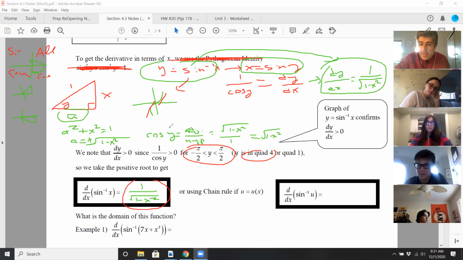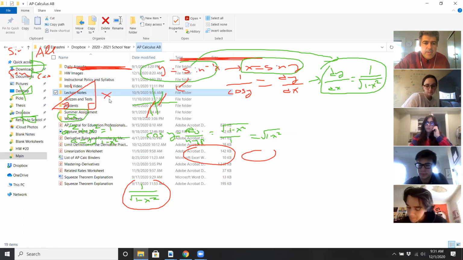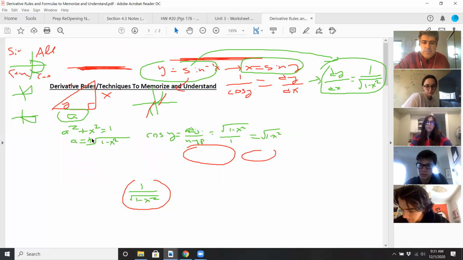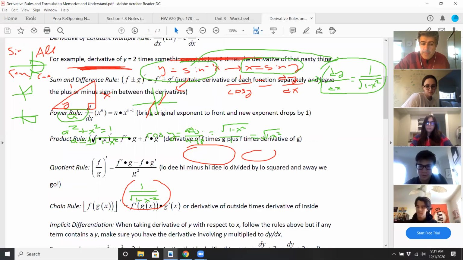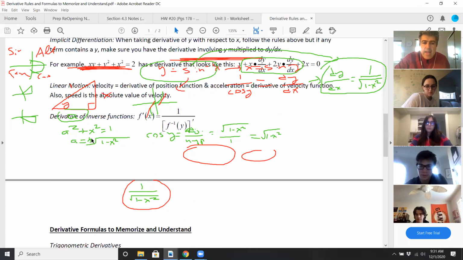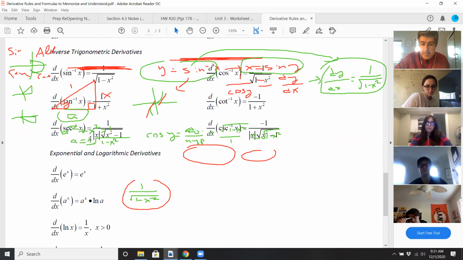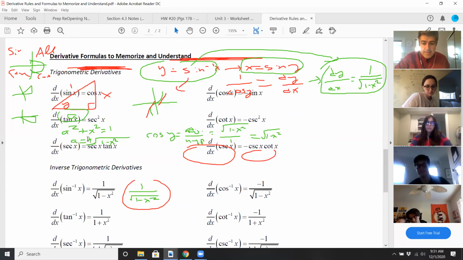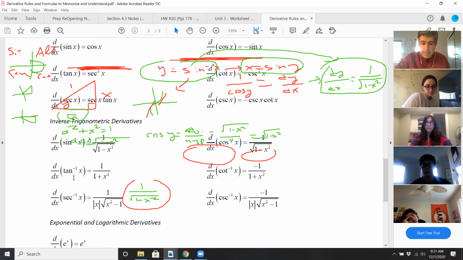Now, there's a chain rule that you can do with this too. Before I get into that, one quick thing I need to let you know: remember this little cheat sheet that I told you guys about? There are a lot of helpful things, like product rule, quotient rule, chain rule, implicit differentiation. We didn't cover inverse trig stuff in our last unit, but now, obviously, we are. It has all the inverse trig stuff, all the derivatives, right here.